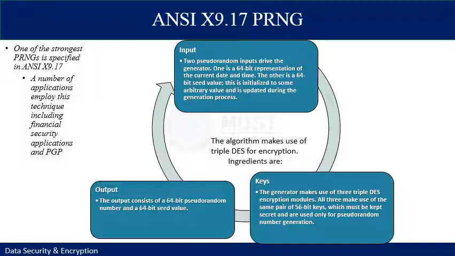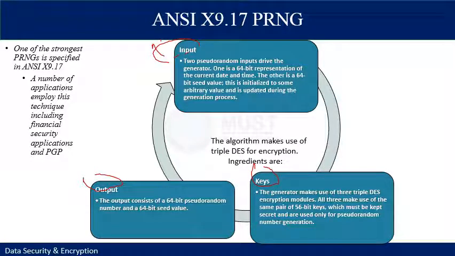This algorithm makes use of triple data encryption standard for encryption, and its ingredients are as follows. It starts its cycle from input, then the key is added, and finally it produces the output.